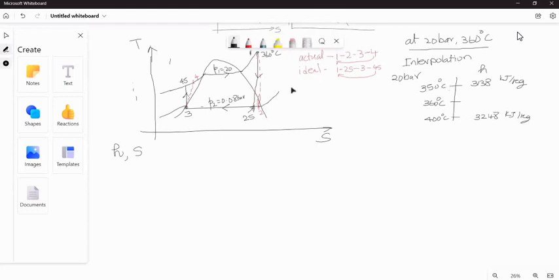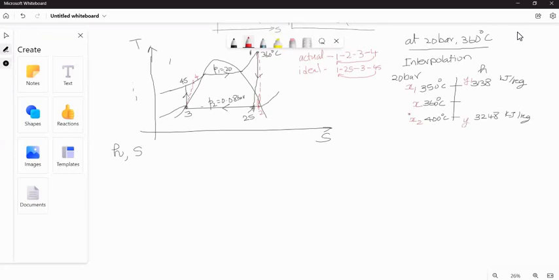Now only one time I can explain. What I can do is, we need this value. For this, I will put this one as x1. Here x2. Here we will put x. Here this value is y1.